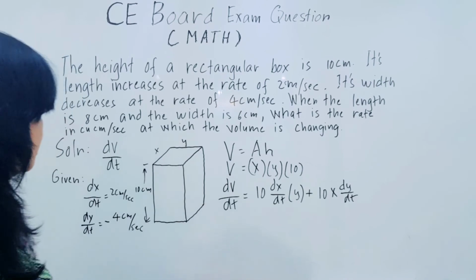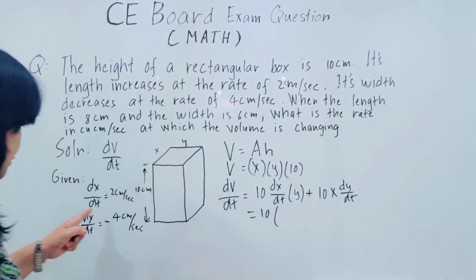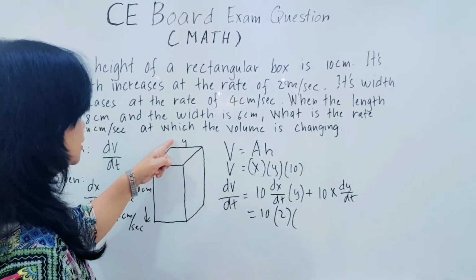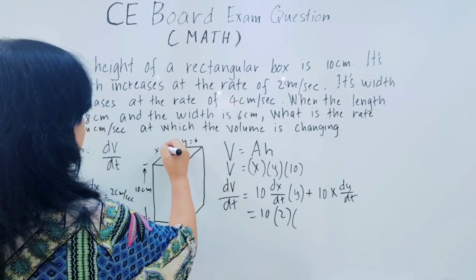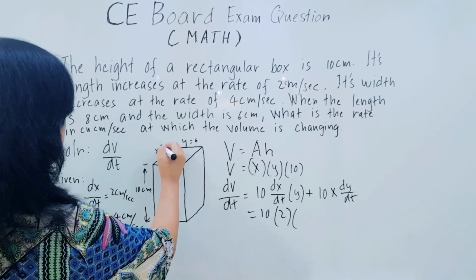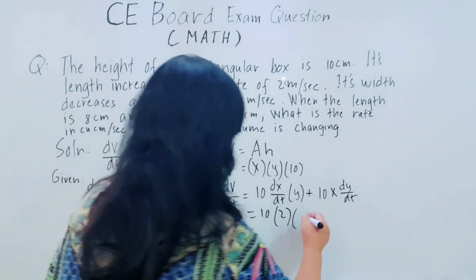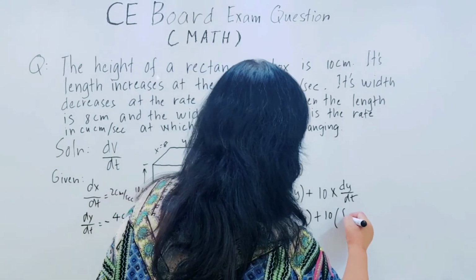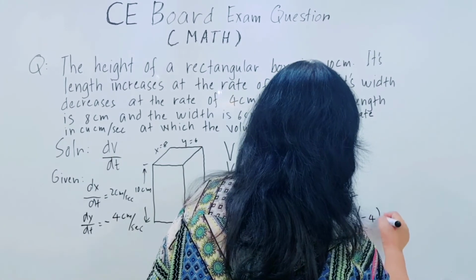Now we can substitute the values. 10 times the derivative of x with respect to the time, which is equal to 2, times y, which is 6, when the length is 8 and the width is 6 centimeter, plus 10 times x, which is equal to 8, times dy dt, which is negative 4, because it is decreasing.